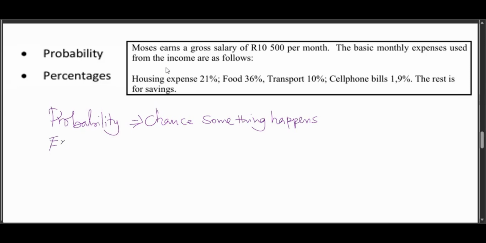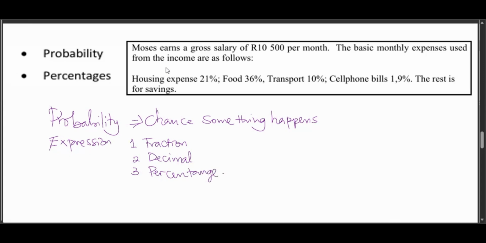How do we express probability? Number 1, as a fraction. Number 2, it can be as a decimal. Then lastly, it can be as a percentage.